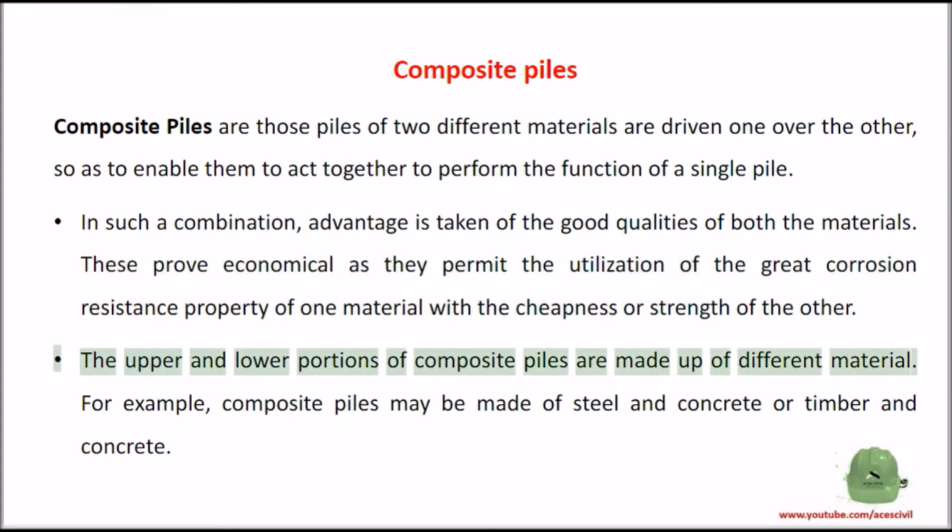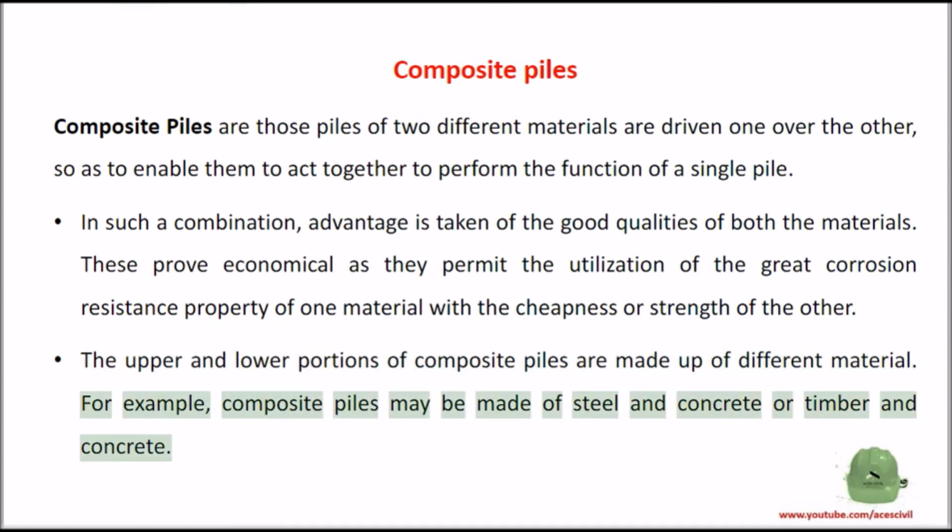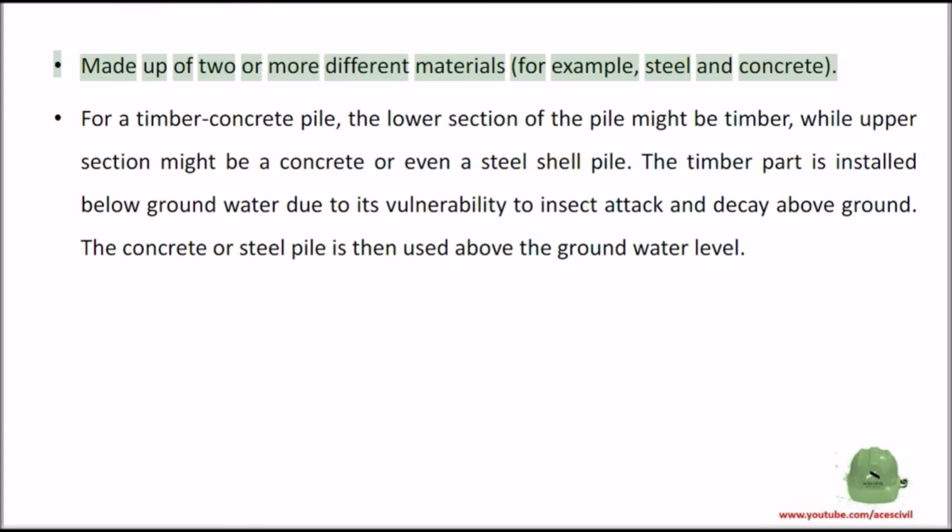The upper and lower portions of composite piles are made up of different material. For example, composite piles may be made of steel and concrete or timber and concrete.